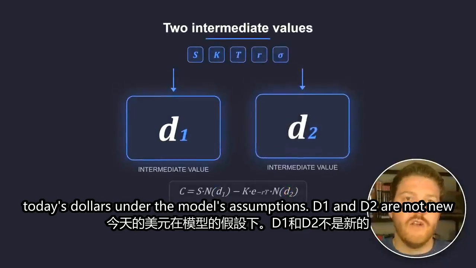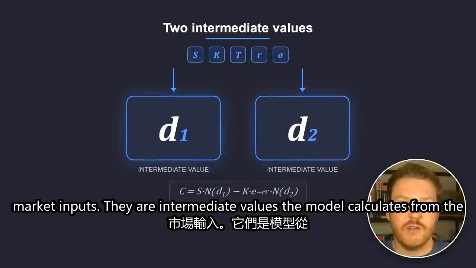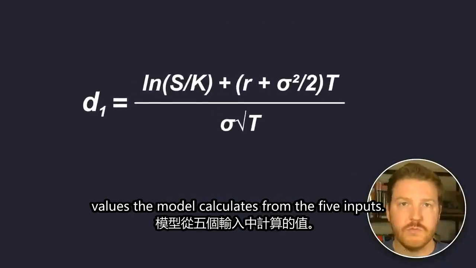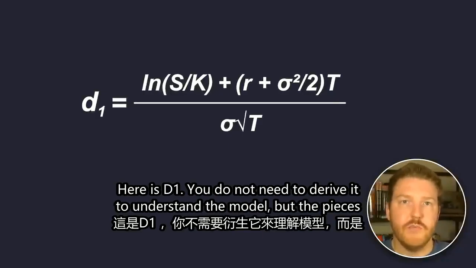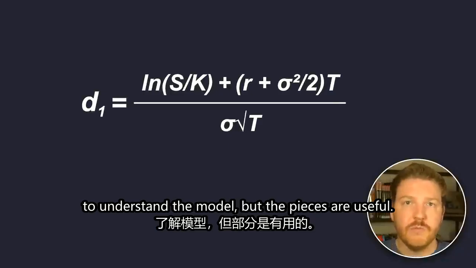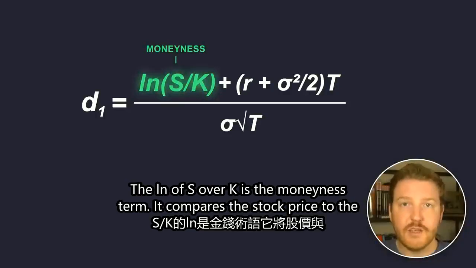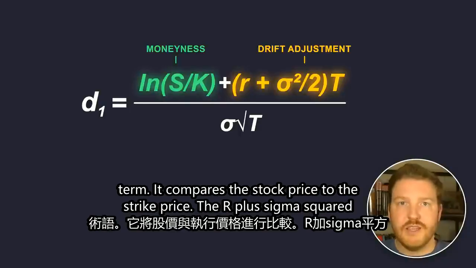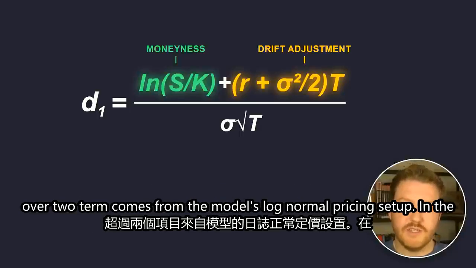d1 and d2 are not new market inputs. They are intermediate values the model calculates from the 5 inputs. Here is d1. You do not need to derive it to understand the model, but the pieces are useful. The ln of S over K is the moneyness term. It compares the stock price to the strike price. The r plus sigma squared over 2 term comes from the model's lognormal pricing setup.